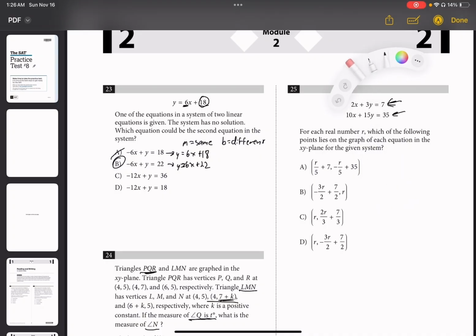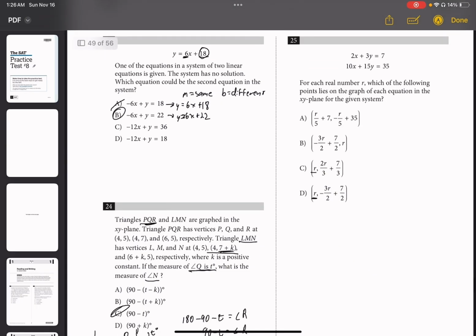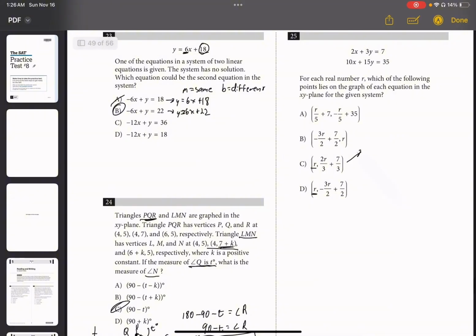So we're going to try exactly that, and we're going to start by looking at equations that may make sense to plug in and look simple to plug in at first. So I see r's here for x's, so I'm going to plug in for each of these first and see if it works. So if we have r for x, we're going to plug in for this equation first.